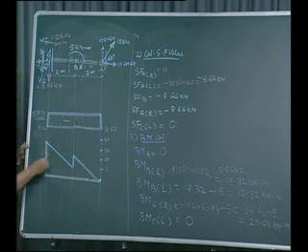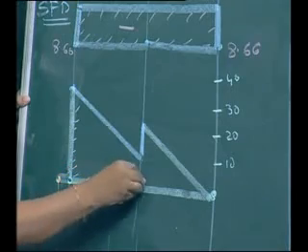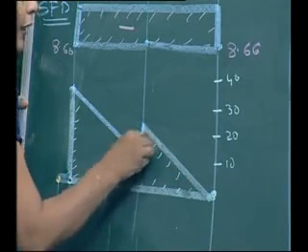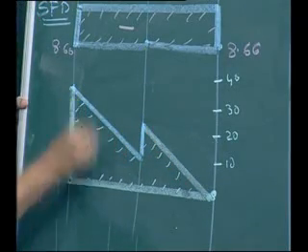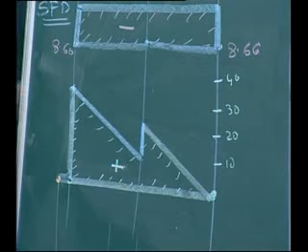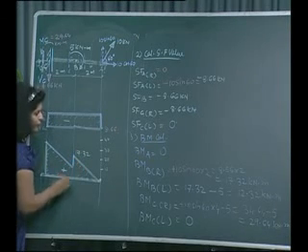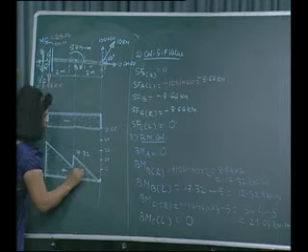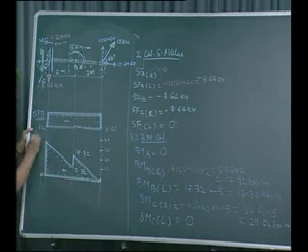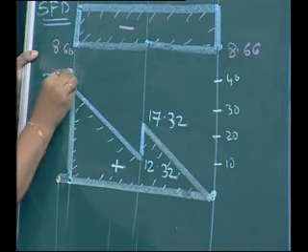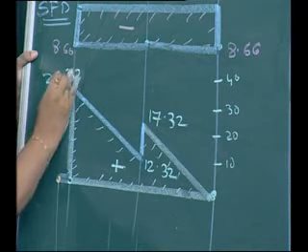Show the confinement of the area where bending moment is acting. Show positive as it is above the baseline. Write down the ordinates, and this completes our shear force bending moment diagrams.